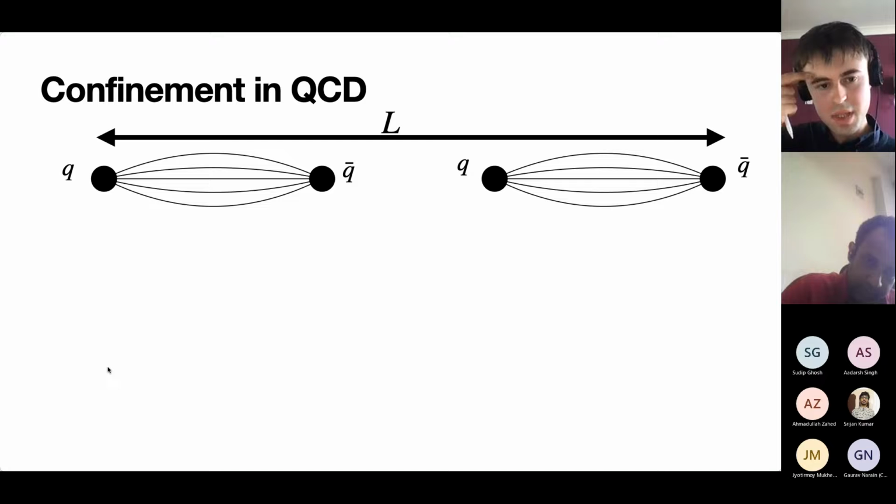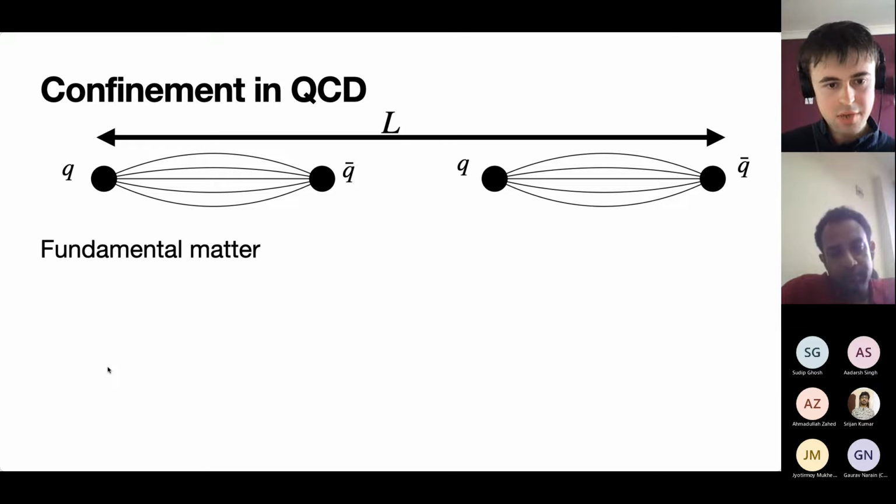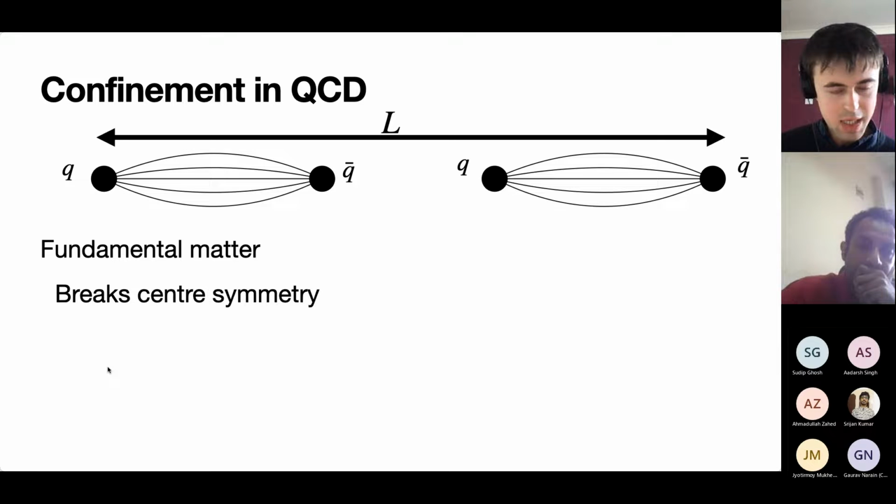And these flux tubes are then limited in length, and they stop scaling linearly with the separation L between the original quark and antiquark. The essential reason for this is that dynamical fundamental matter, like quarks in QCD, breaks the center symmetry. The reason flux tubes can form indefinitely in pure Yang-Mills is because they're protected by the center symmetry.